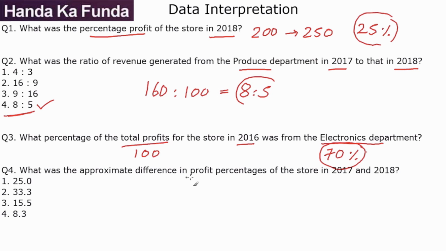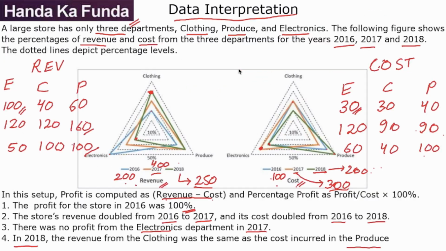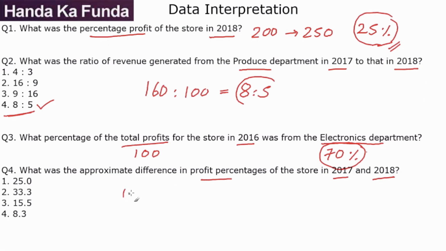What was the approximate difference in profit percentages in 2017 and 18? So in 2018, we already know that the profit percentage was 25%. We have calculated it. 2017, revenue is 400 and cost is 300. That means I have a profit of 100 on a base of 300, because 300 is my cost, which is nothing else but 33.33%.